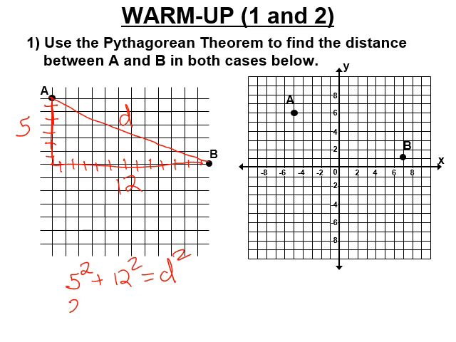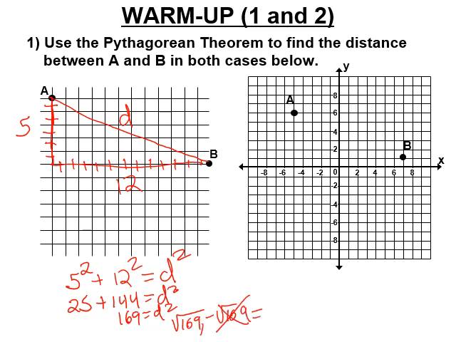So 5 squared is 25, 12 squared is 144, 169 equals d squared. And so the positive and negative square roots of 169, we don't need the negative square root, equals d. Well, d then, the square root of 169, is positive 13.